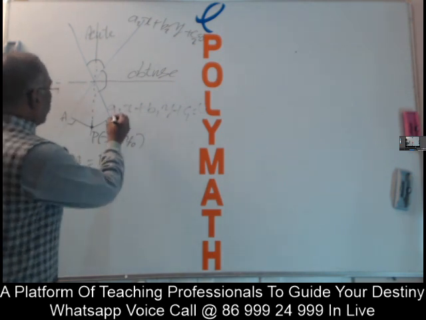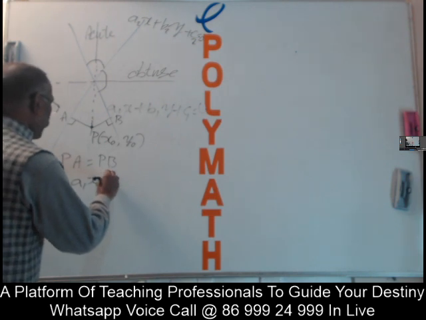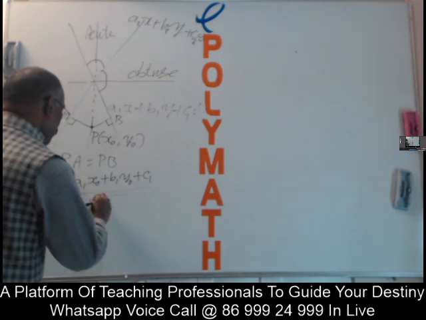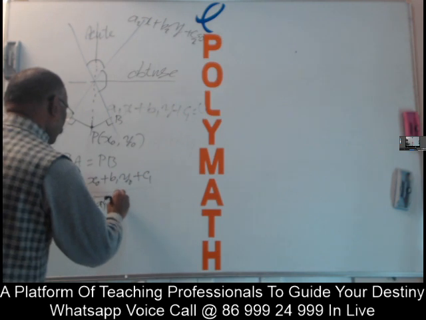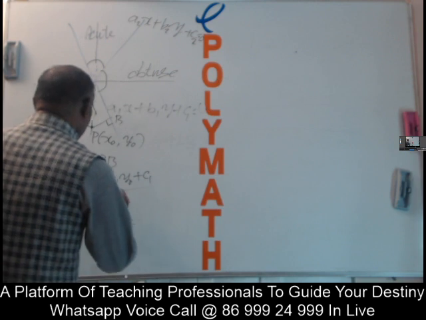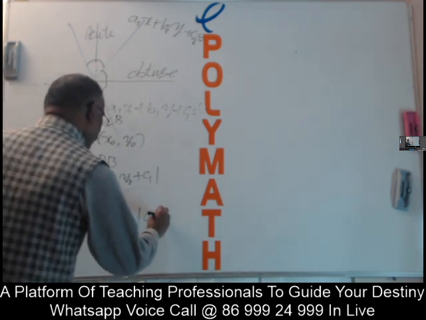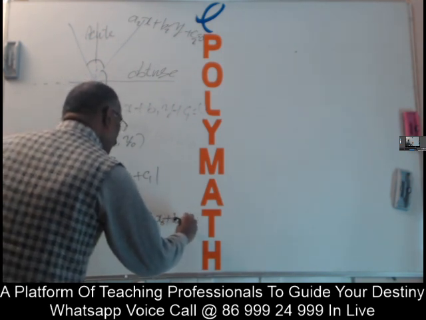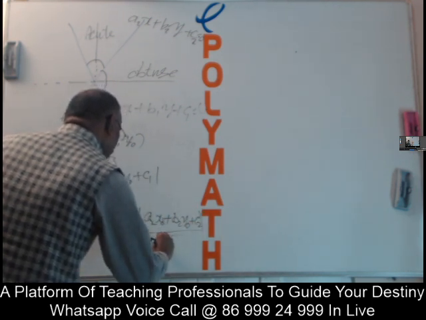So here, by the perpendicular distance formula for PA: a1 x0 plus b1 y0 plus c1 divided by root over a1 square plus b1 square is equal to, modulus will be there always, modulus of a2 x0 plus b2 y0 plus c2 divided by root over a2 square plus b2 square.